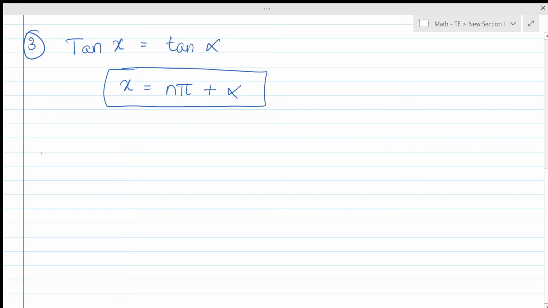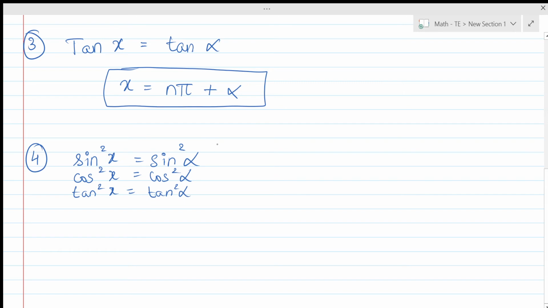There are special cases, like these three are the most common ones, and then we have a few special cases, namely sine square x is equal to sine square alpha, cos square x is equal to cos square alpha, and also tan square x is equal to tan square alpha.